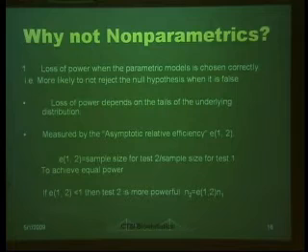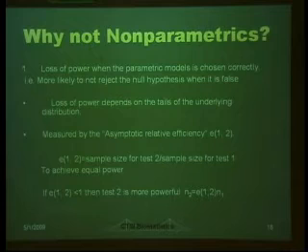So if the tests are equally good, the asymptotic relative efficiency would be 1. The same sample size for both tests would give you the same power, and then you can pick either one. If this number is less than 1, then the second test is more powerful.